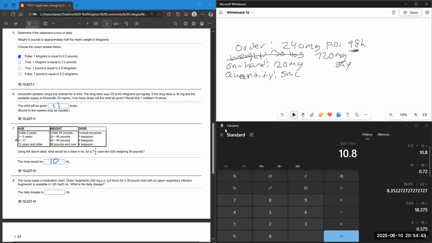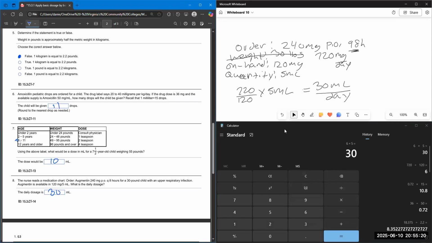So 720 divided by 120 times 5 milliliters is going to give me 720 divided by 120 times 5 is 30 milliliters a day.